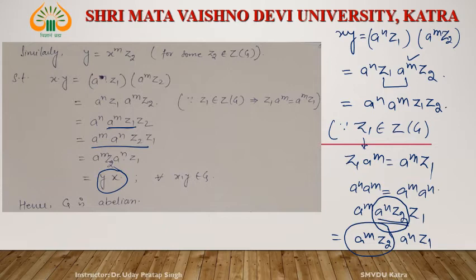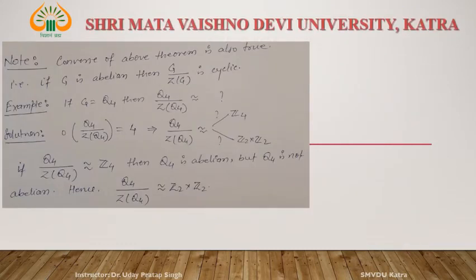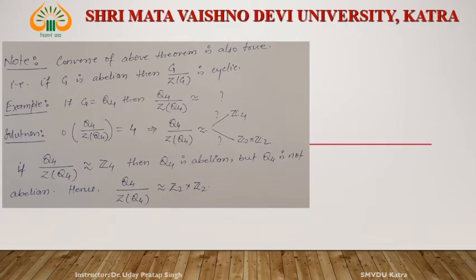Hence, this is true for all x, y in G. Hence, G is abelian. It means that if G/Z(G) is cyclic, then G is abelian. Now, the converse of the above theorem is also true.